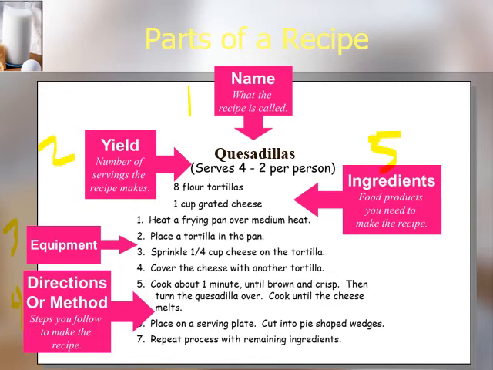You always start with step number 1 and go down. You will also find the ingredients. The ingredients are the food products that you will need to make the recipe. Again, it is extremely important that you read the entire recipe before you begin to actually cook or prepare your recipe.